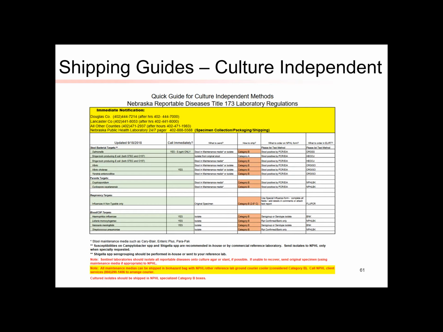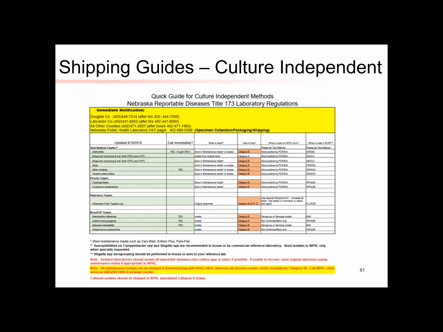If we can spare the reference laboratory, have you send it to the public health lab where we can work with it under BSL-3 guidelines. Or just call us and we can consult to see how significant it is to work with. Then we can make a better decision whether you can still send it to your reference laboratory.